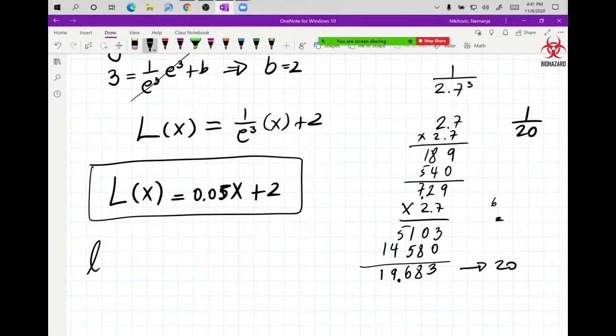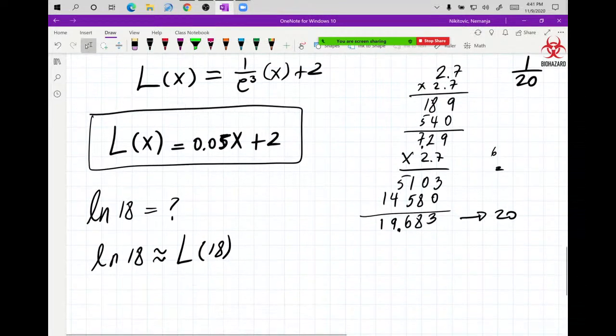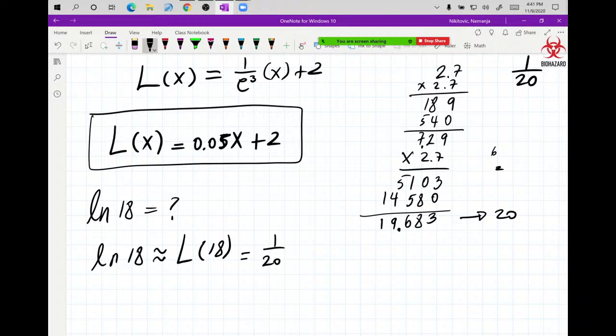So now we're going back to ln of 18. Well, ln of 18 is approximately L of 18, which now is a joke. I'll leave this as 1 over 20 because now it's easier as a fraction than shoveling the decimals.